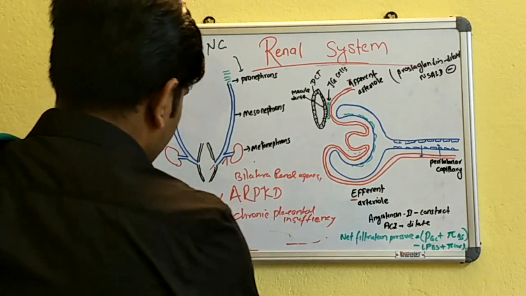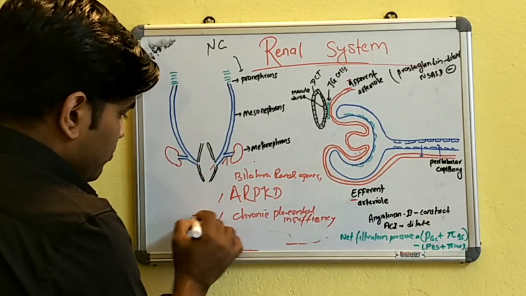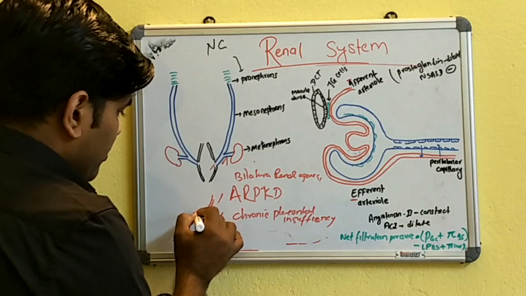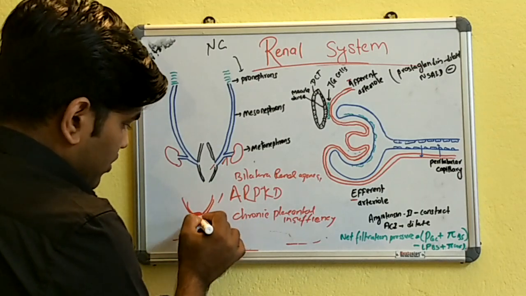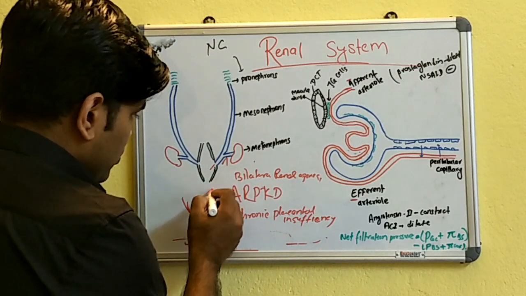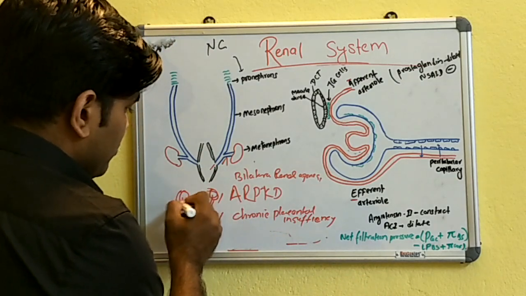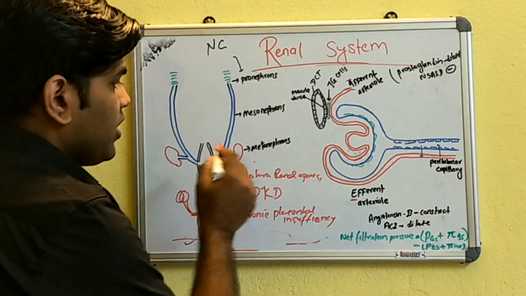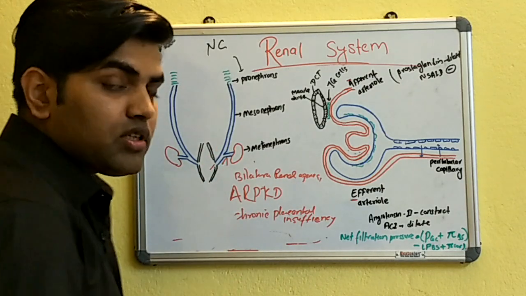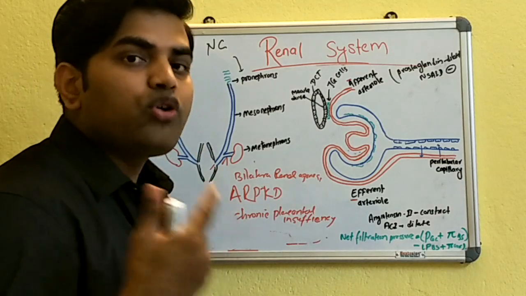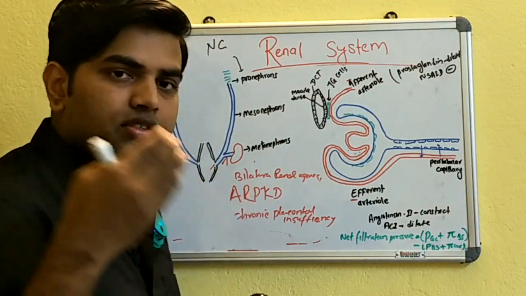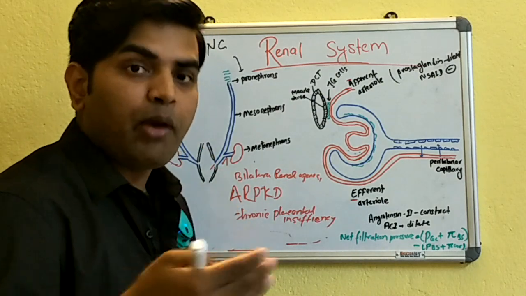If the posterior urethral membrane is maintained, then there will be backward pressure and urine will not flow out. In that situation there will be hydronephrosis of both kidneys, and it may lead to Potter sequence, because Potter sequence is triggered by oligohydramnios, and oligohydramnios can occur if there is persistence of the urethral membrane.